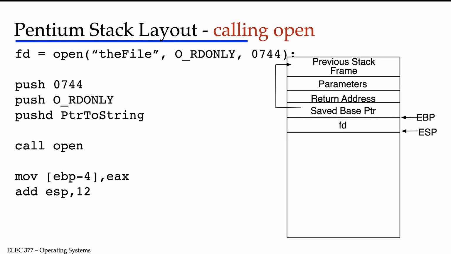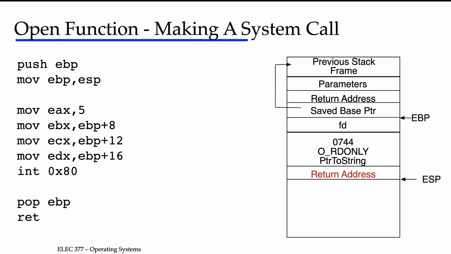So again, we push the parameters in reverse order. We push 0744, which is an octal string. We push the flags O read only. Both of these are 4-byte values, and then we push the pointer to the string, the file. We then call open, which pushes the return address and enters open.